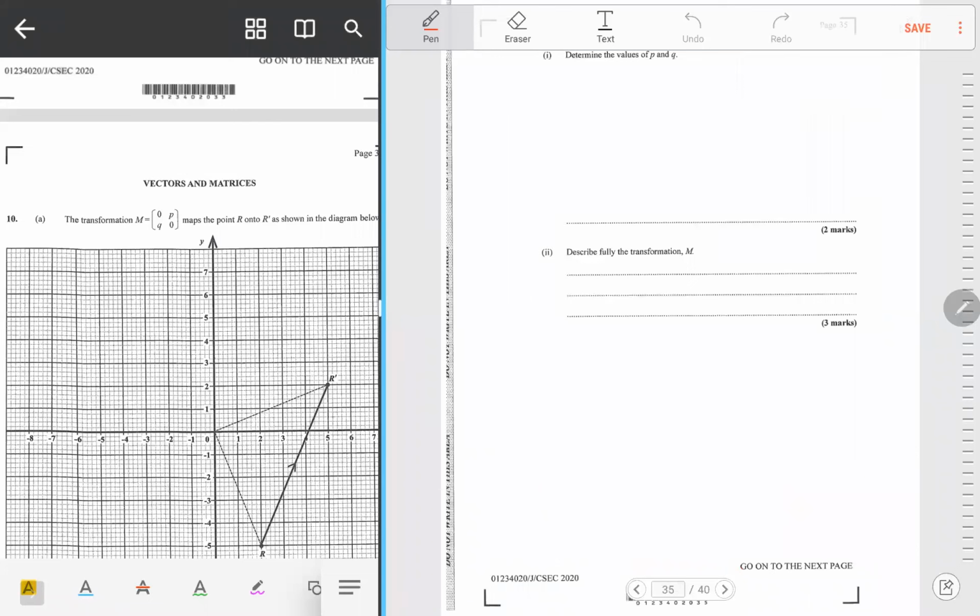The matrix that we're using means that M times R equals R prime.